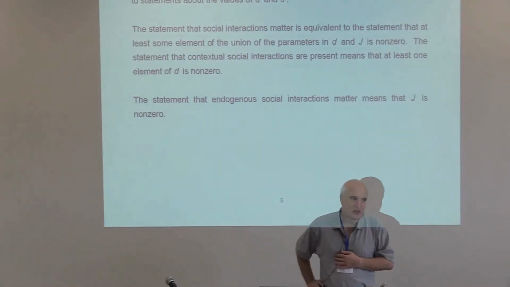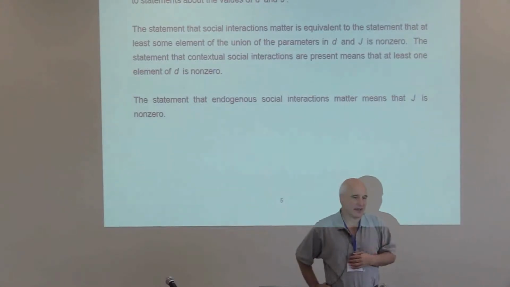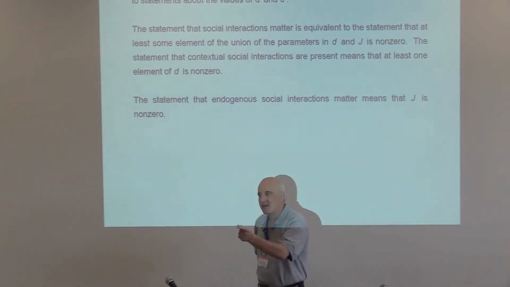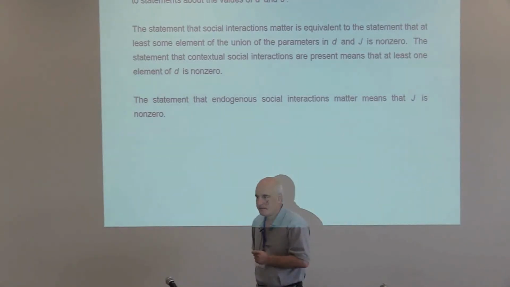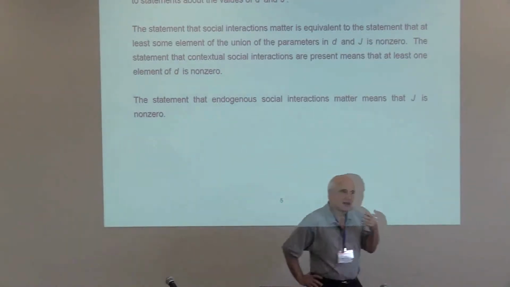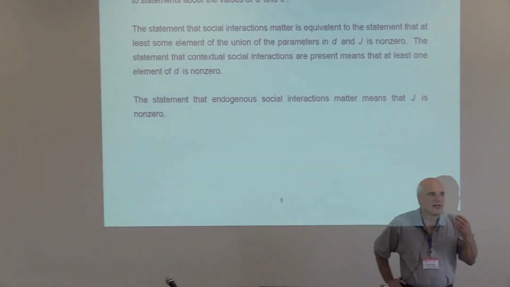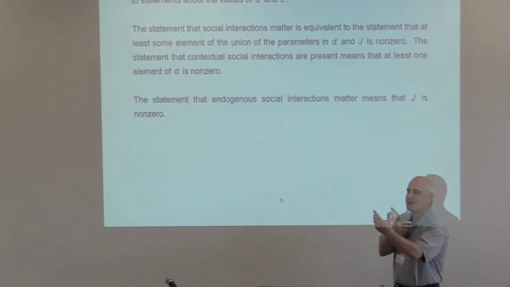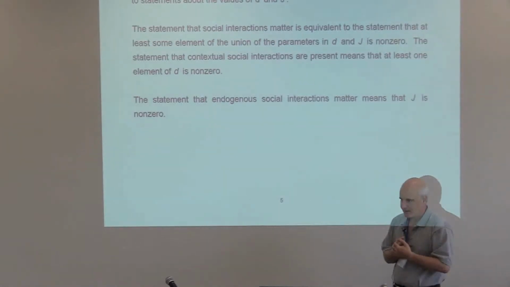In contrast, J is called an endogenous effect because it is measuring how behaviors themselves are interdependent. And so the key distinction intuitively is that if we're thinking about contextual effects, we take the characteristics as predetermined. Whereas when you think about endogenous effects, there's a simultaneity in the relationships.